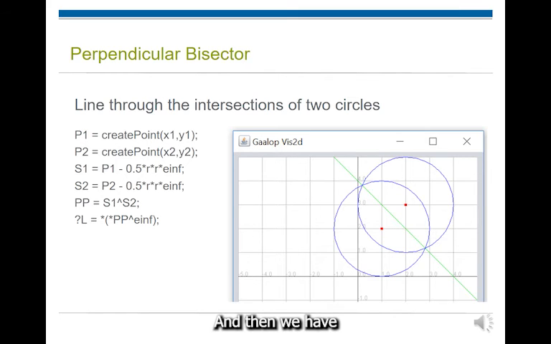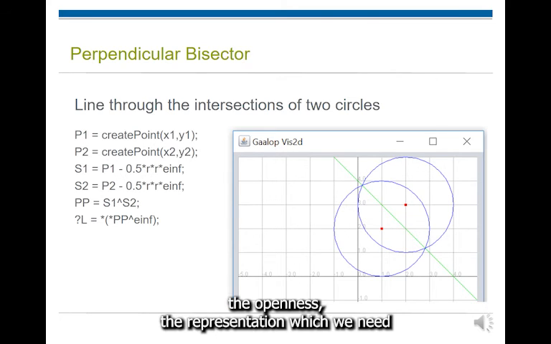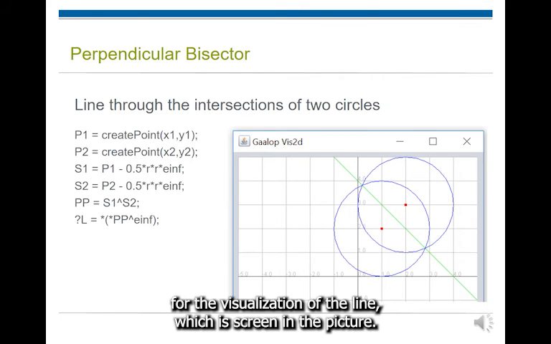And then we have the dual outer product of the 2 intersecting points, meaning the line can be simply computed as the dual point pair wedge e infinity. And if we dualize that, we are in the IPNS representation, which we need for the visualization of the line, which is green in the picture.